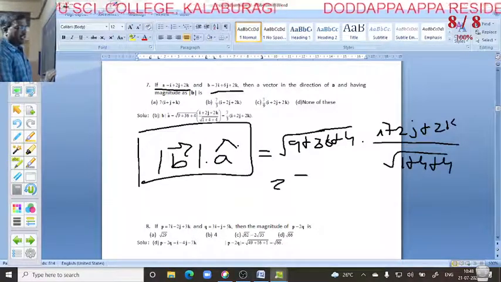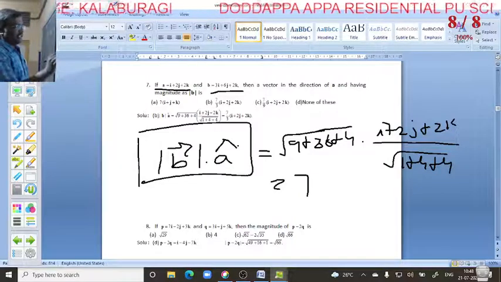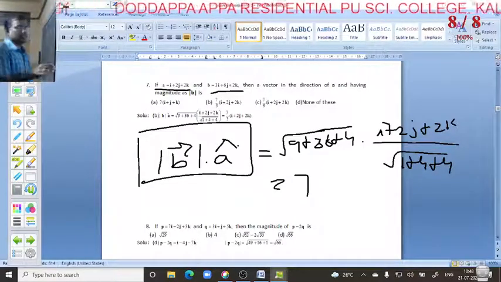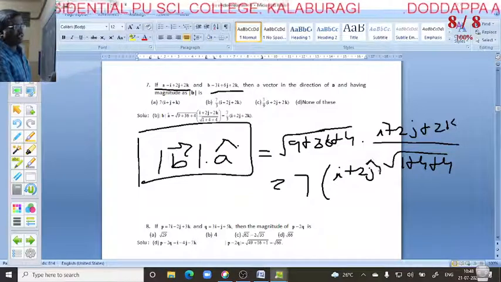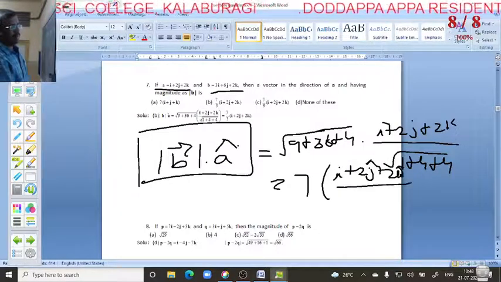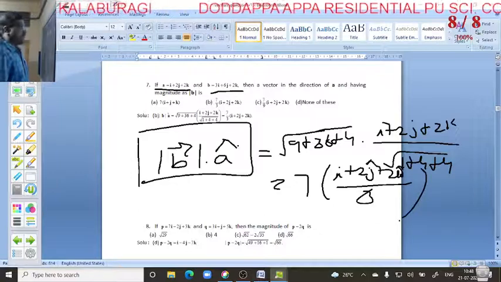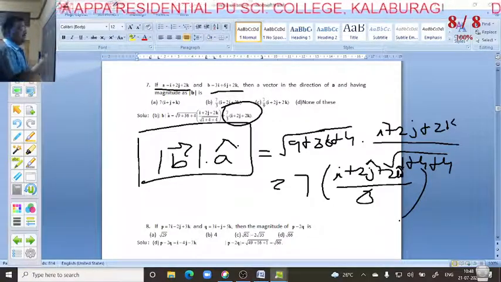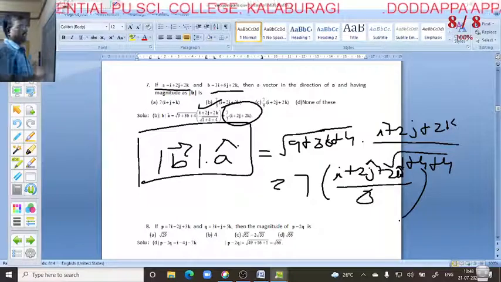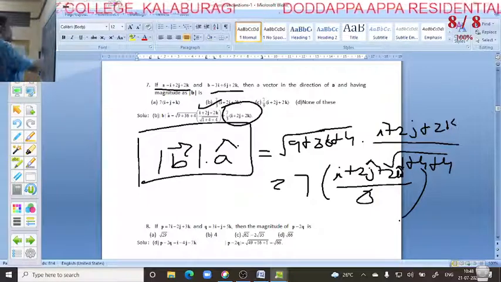So we get here 36 plus 4, 49, root 49 is 7, into i plus 2j plus 2k divided by root 9, that is 3. So finally we get 7 by 3 of i plus 2j plus 2k, that is B option.